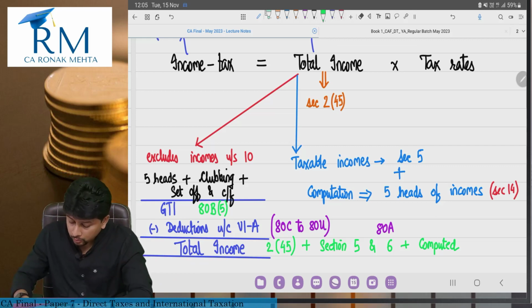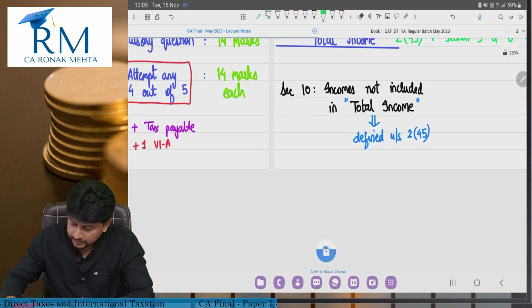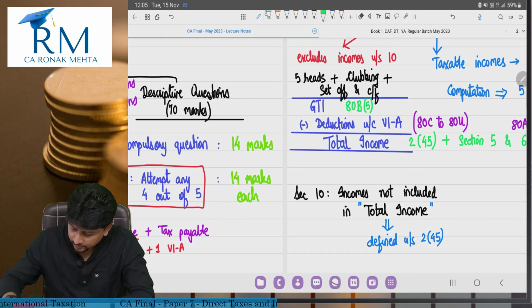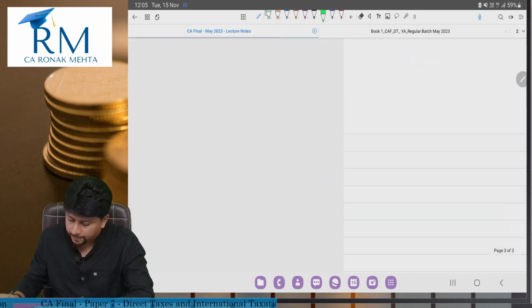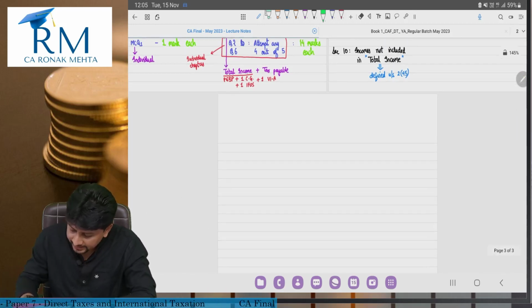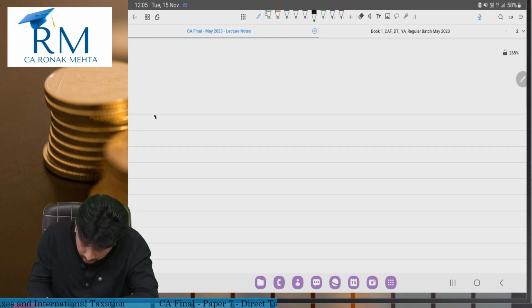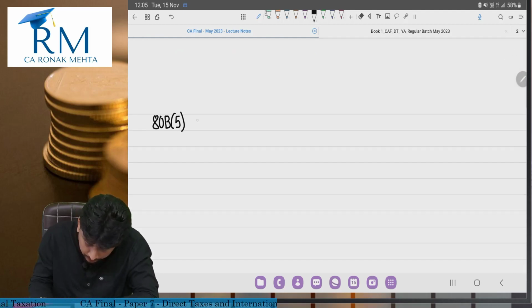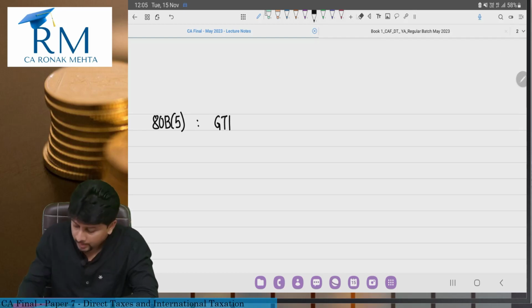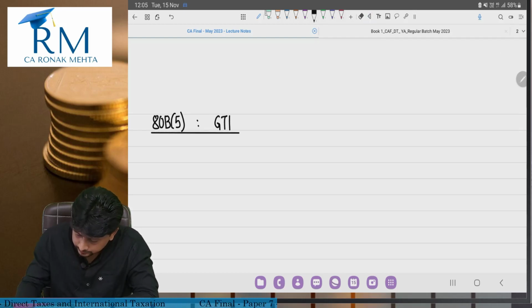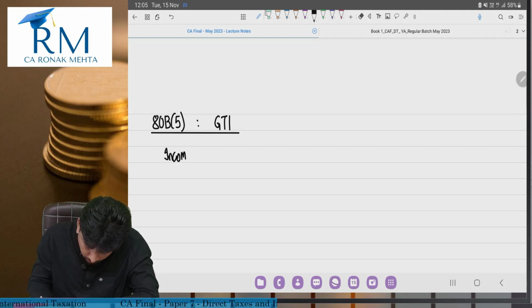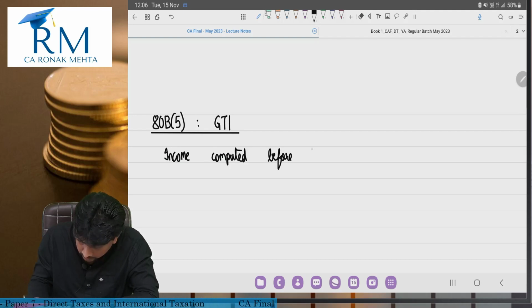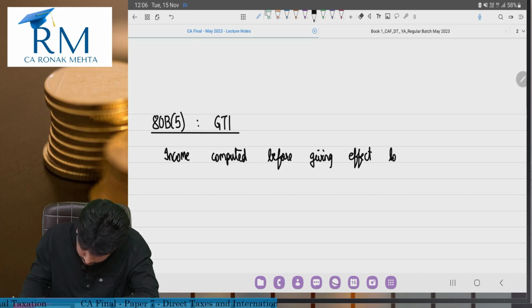So if you actually observe 80B subsection 5, sorry, 80B subsection 5, just give me a minute. If you actually observe 80B subsection 5, the way gross total income has been defined: gross total income is income which is computed before giving effect to chapter 6A.